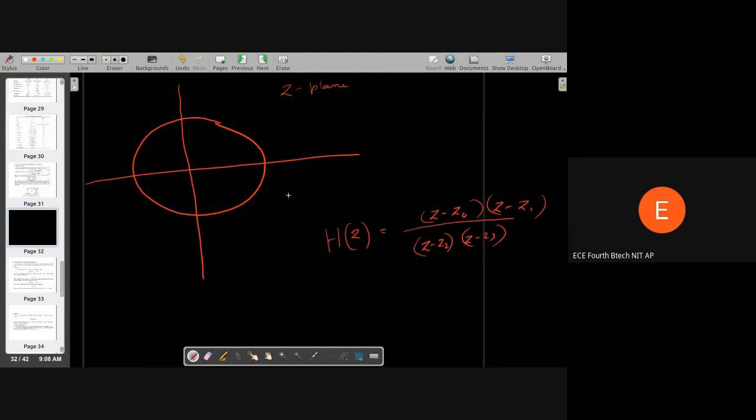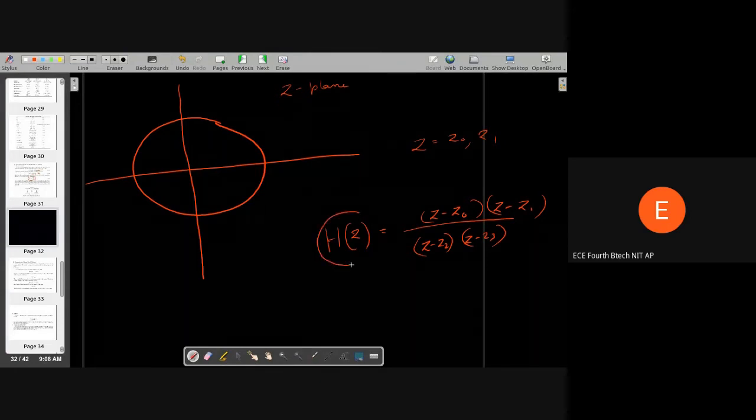Obviously, what you are seeing here is that when Z equals Z0 or Z1, the transfer function will become 0. Hence these values are called the zeros.